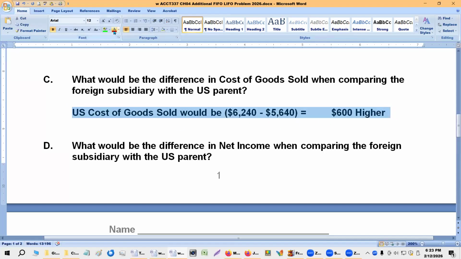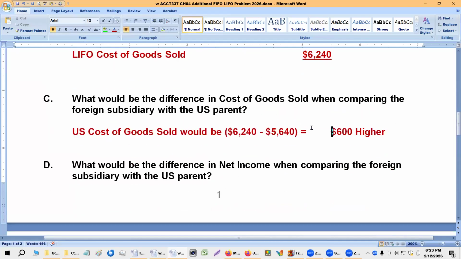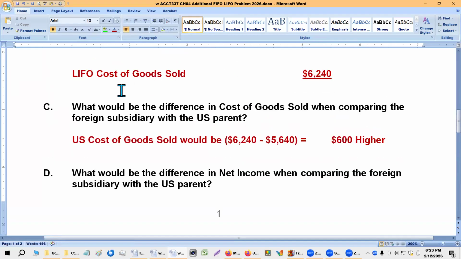And usually because of inflation, LIFO has the higher numbers at the end. Not always though. Sometimes you'll have decreases in value and in selling prices.